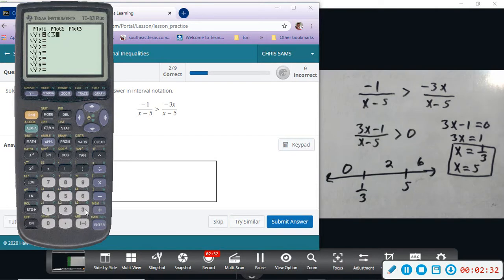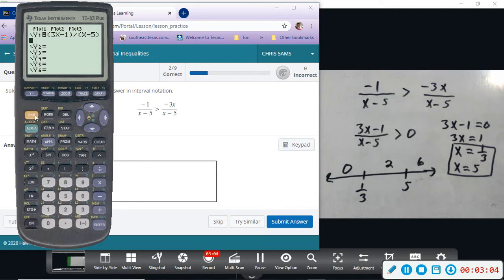So I'm going to do (3x - 1), and then we're going to close and then divide by, and on the bottom parentheses (x - 5), and then close it. So all I'm going to do is be checking to see if the values that I use, 0, 2, and 6, are greater than 0, because that's what we have in the inequality.